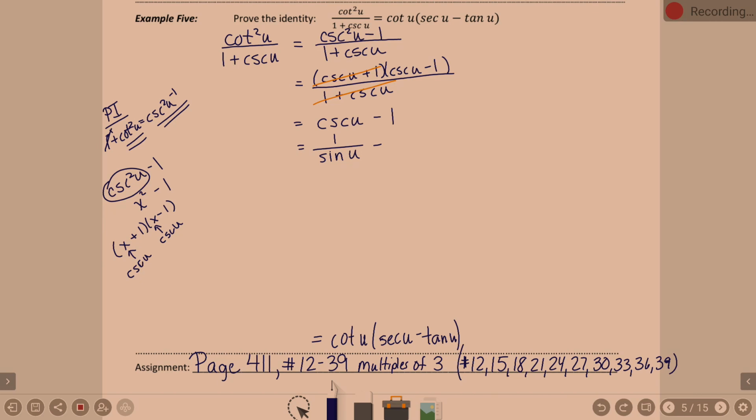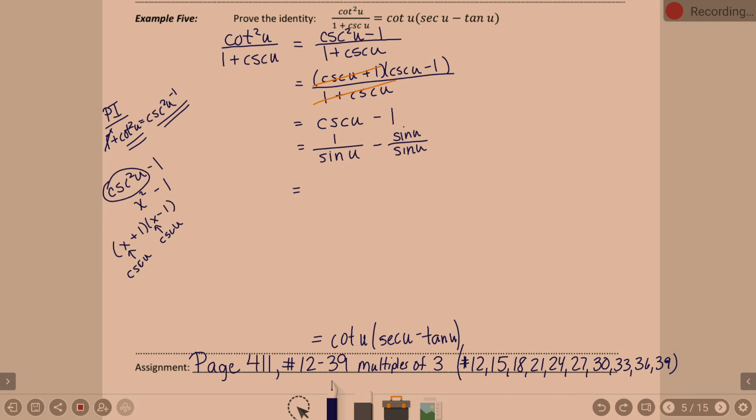How can I rewrite 1 so it has a common denominator with the first fraction? My first fraction has a denominator of sine. What is 1 in terms of sine? Well, 1 can have any denominator at once, right? It's just itself over itself. So sine u over sine u.